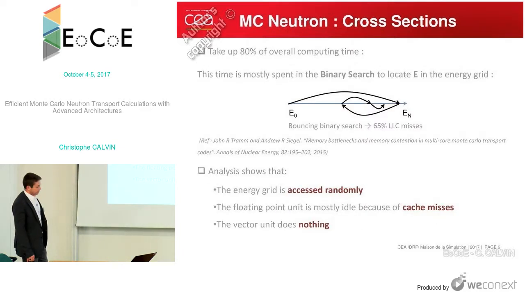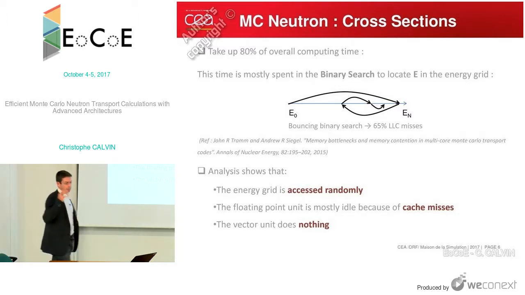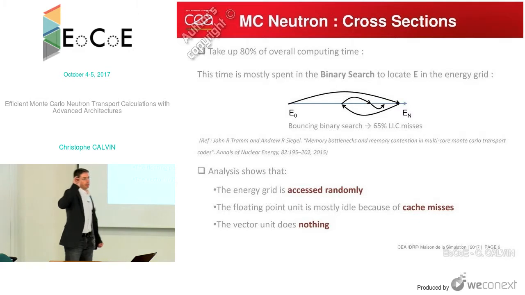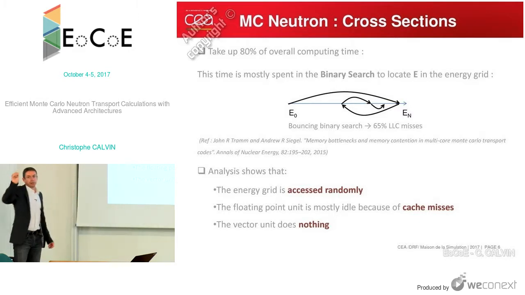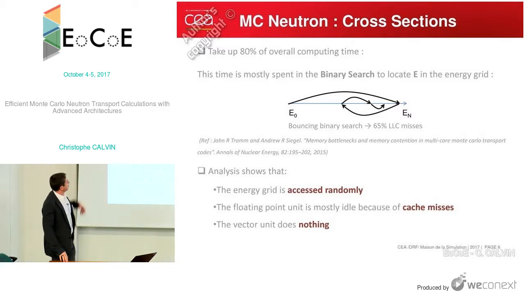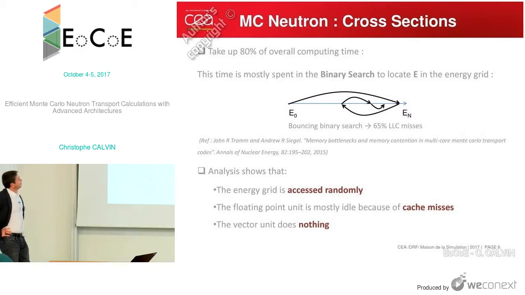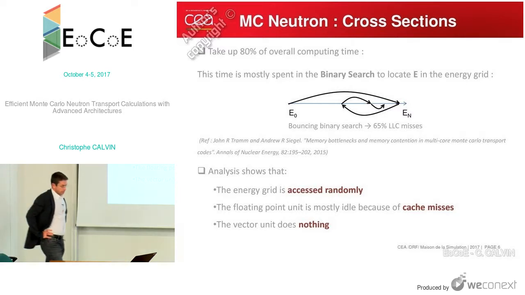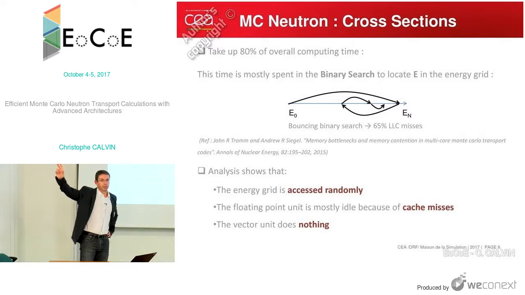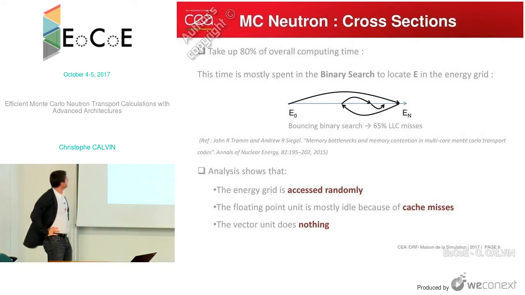And when we achieve a simulation using this kind of approach, up to 80% of overall computing time is due to going inside memory and trying to find the right cross-section at the right energy depending on the particle we are looking at. So the main algorithm which is used at the present time, the classical one, is a classical binary search inside a large table stored in the memory.